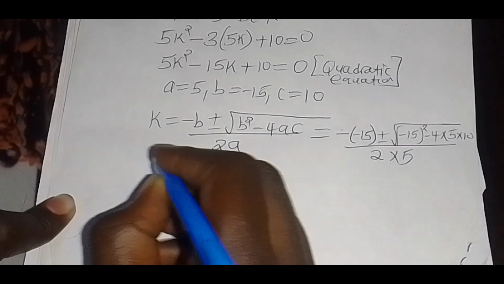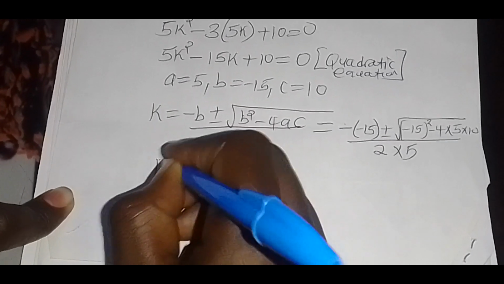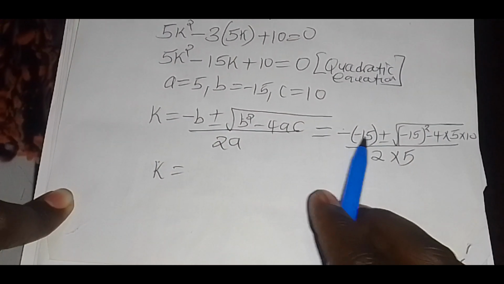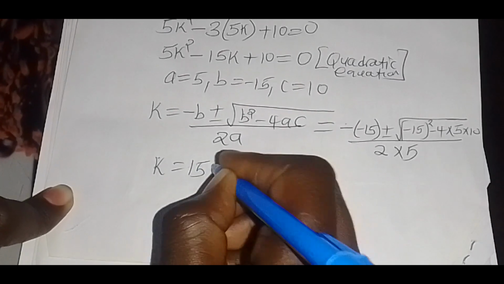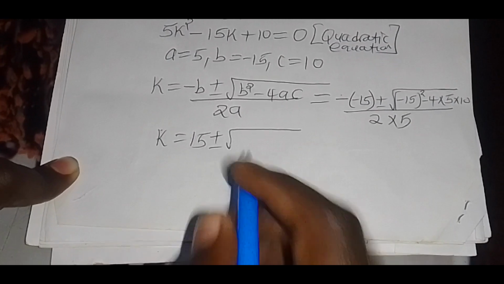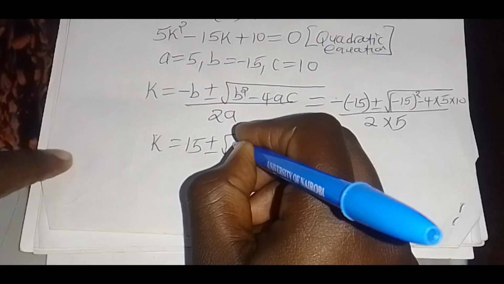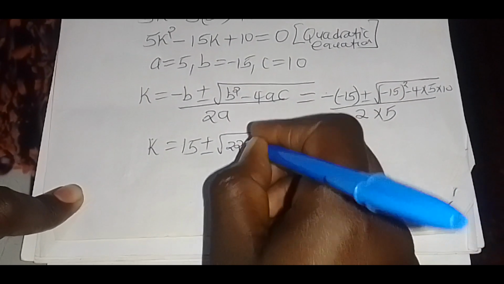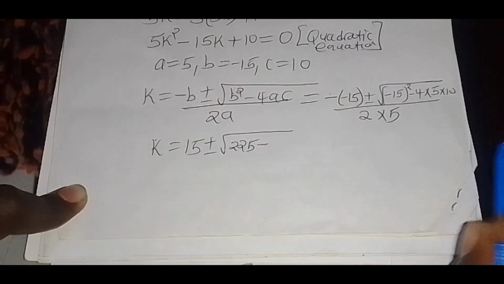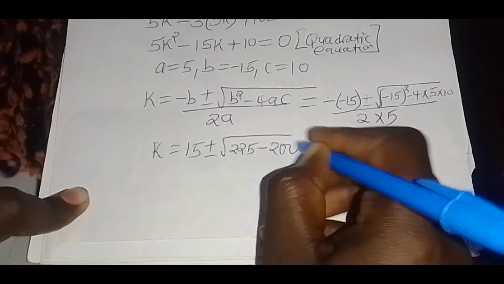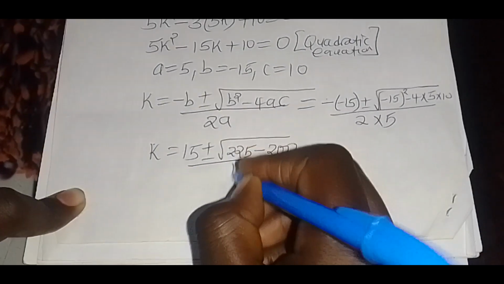So that we're going to have k is equal to minus times minus 15, this is 15, plus or minus the square root of minus 15 squared, this is 225, minus 4 times 5, 20 times 10, this is 200, divide everything by 10.